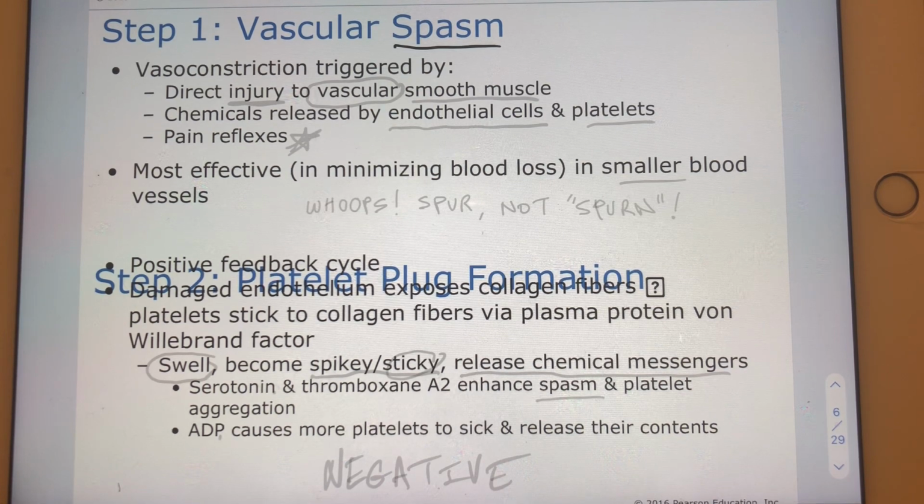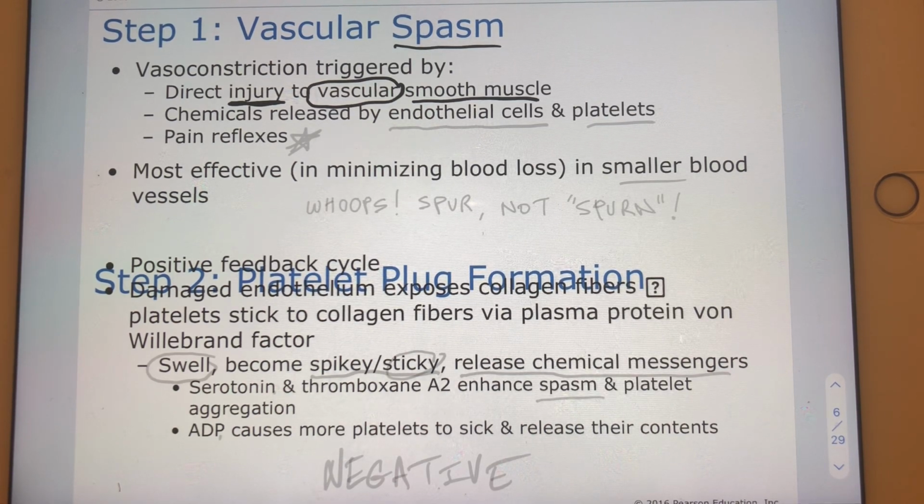Specifically, it's repeated contraction of smooth muscle in vessels. And if vascular spasm has been triggered, then specifically vessels have been injured. So hemostasis always starts with an injury to vessels, meaning circulatory vessels.